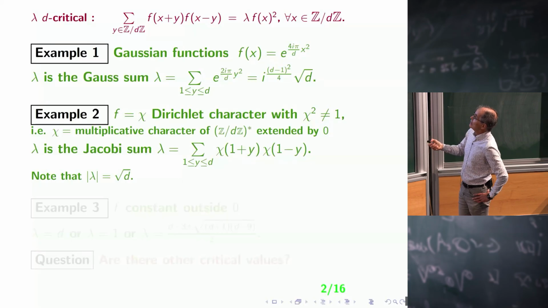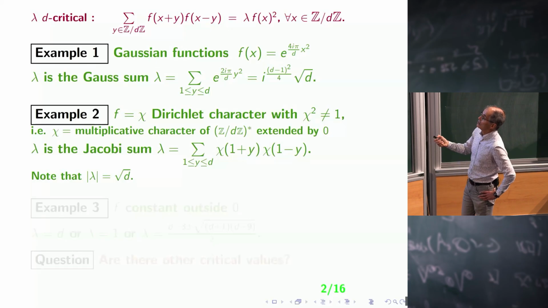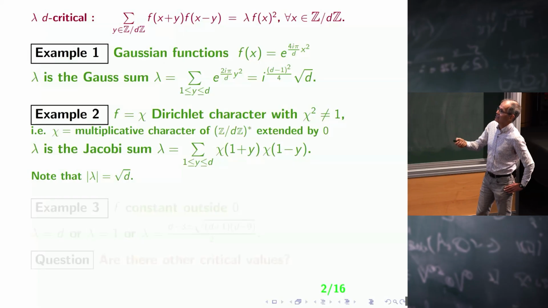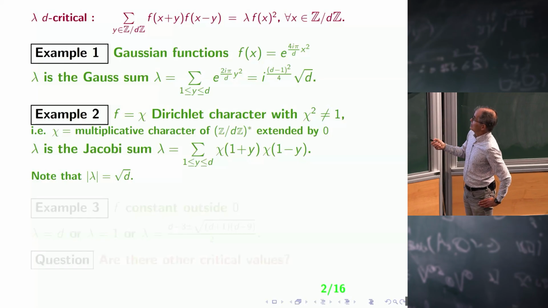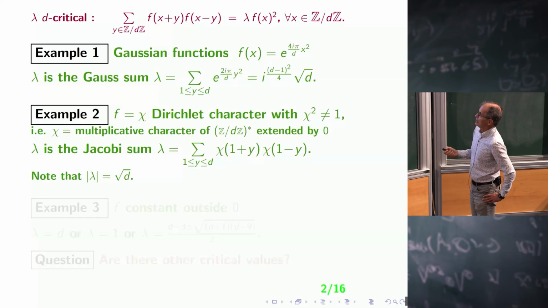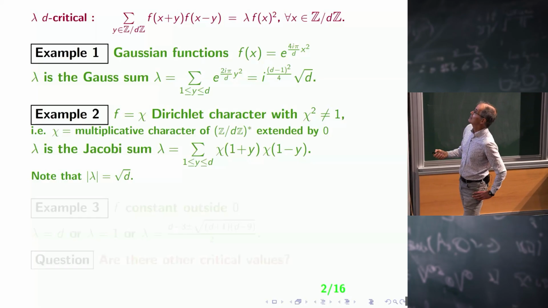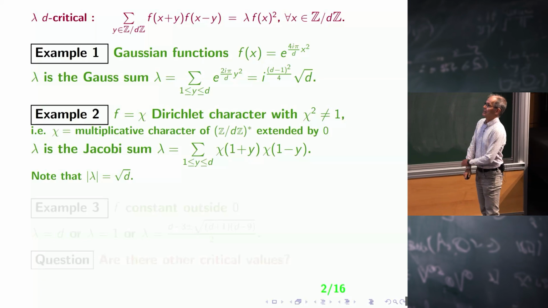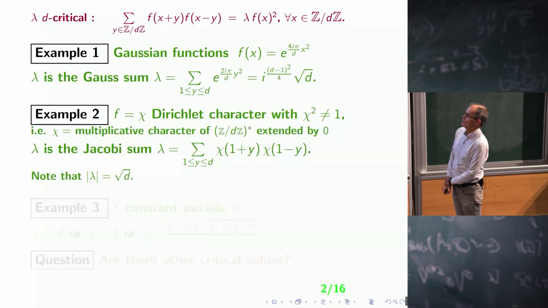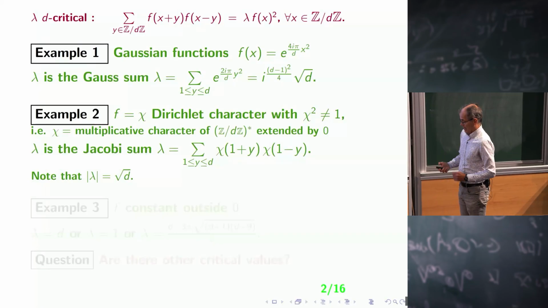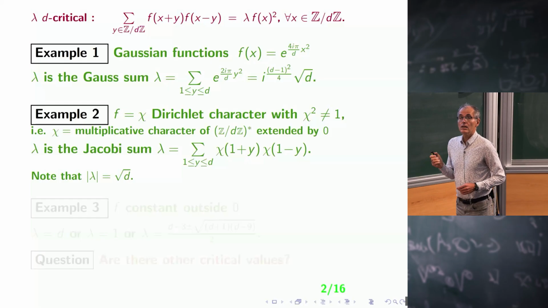And so you see that it's a solution of this equation, and you have a proportionality constant, lambda, which is given by this sum, which is just, in a not that hidden way, a Jacobi sum. One is happy to have this critical value, and one can remark that these Jacobi sums have absolute value square root of D. They might be complicated algebraic numbers, but they have absolute value square root of D. Do you take a primitive character? Because sometimes the character factorizes through Z mod D prime.